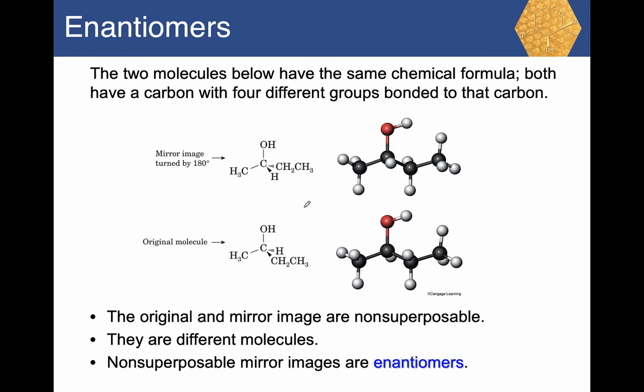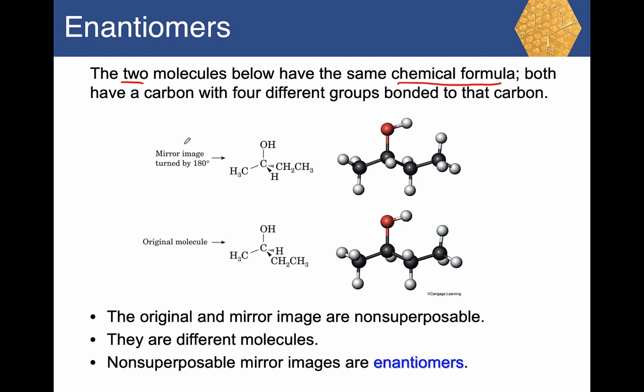Okay, so let's look here at two molecules. So these two molecules that are shown below. Let us do our analysis of these two molecules. First, notice that they have the same chemical formula. So in other words, they will be isomers of each other if they have the same chemical formulas, depending on the arrangement of the groups there.